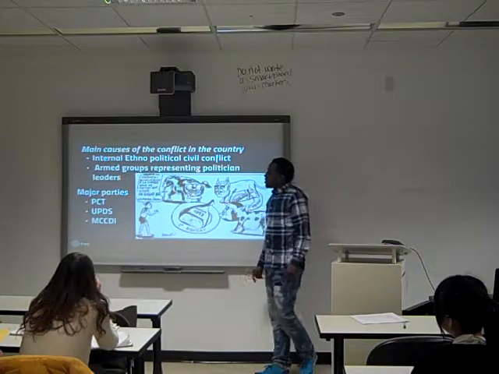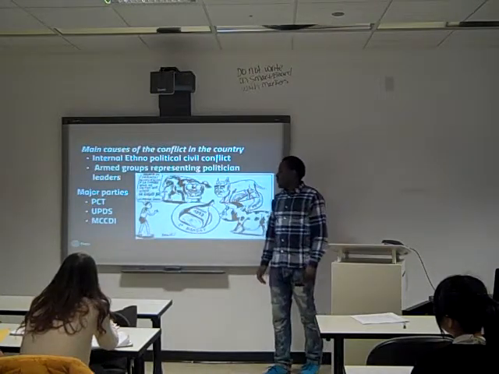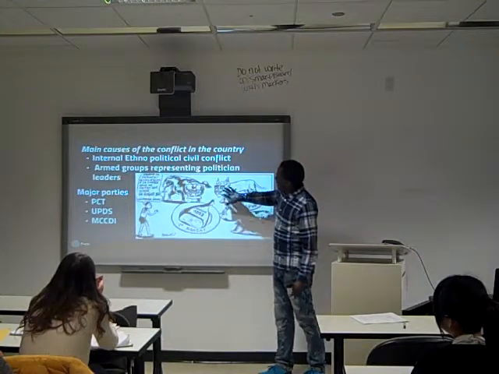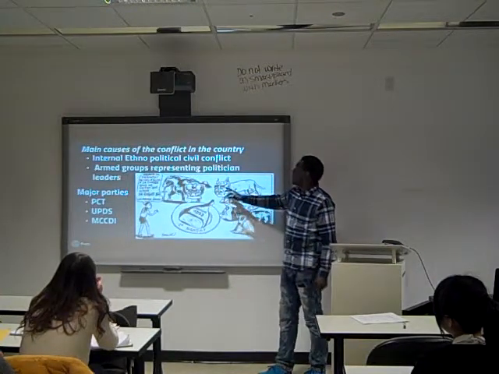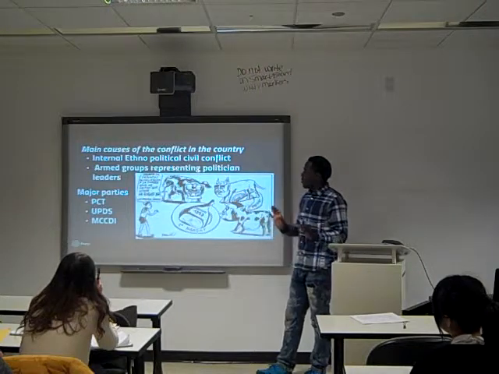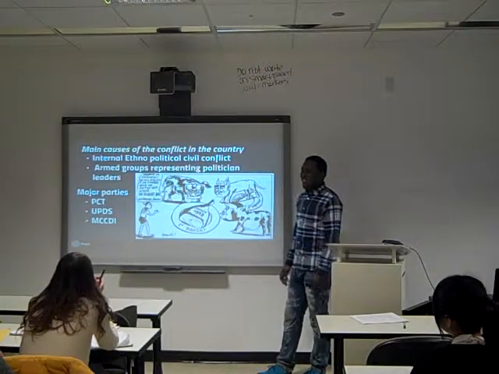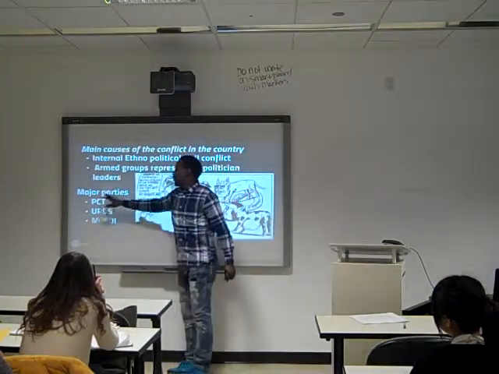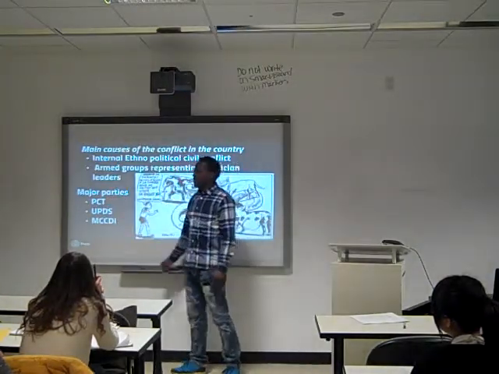And once the country decided to organize the first democratic election, as you can see here, this is the first president who was elected democratically, and these are the major parties that participated in those elections.